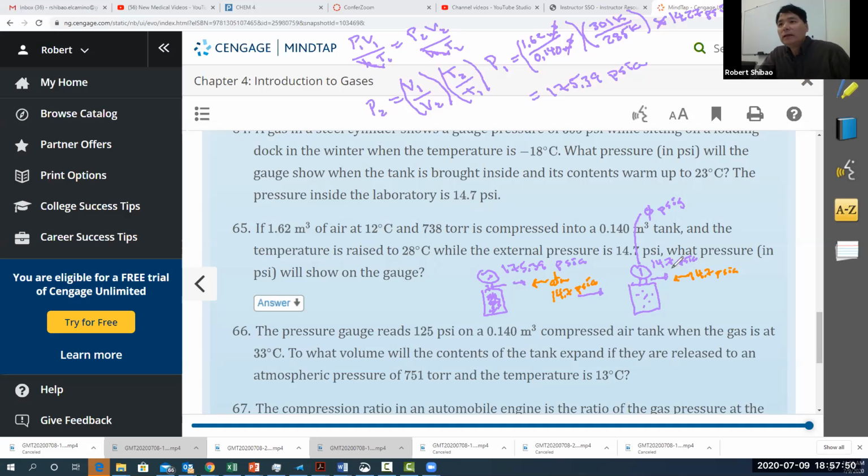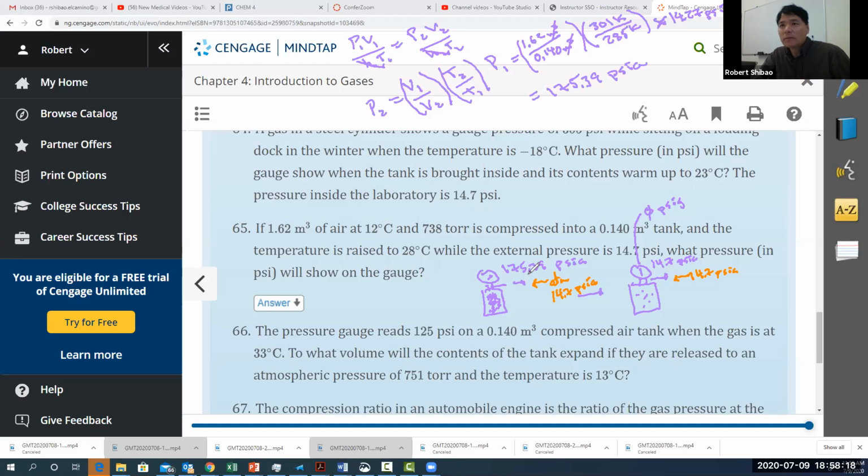And so what we need to know is this. Well, we had 175.39 PSIA. What would that read in PSIG? Okay, so if we're at 0 PSIG, we're at 14.7 PSIA. So what we have to do is add 14.7. And so now what we want to do is go to 175.39 PSIA.